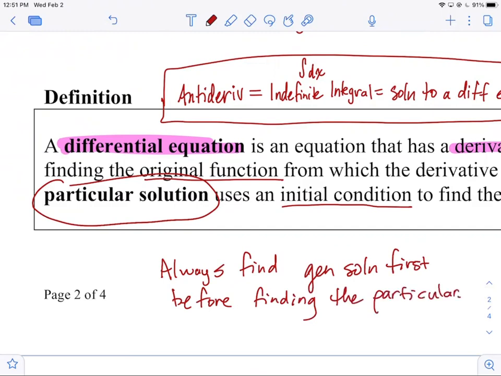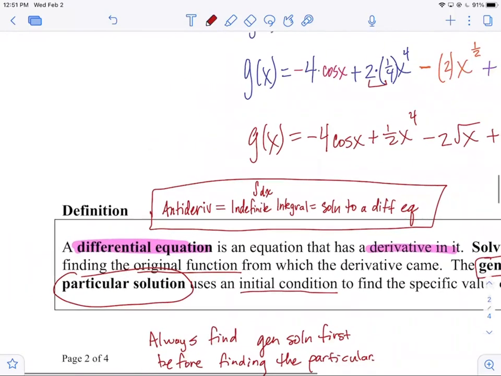So if it asks you for just the particular, you have to know to find the general solution first. Sometimes it might ask you to find the general solution on one part, and on the next part, it'll say, oh, now using this point, find the particular solution to the one above, okay? The method for finding the general solution is, of course, anti-differentiating, going backwards.